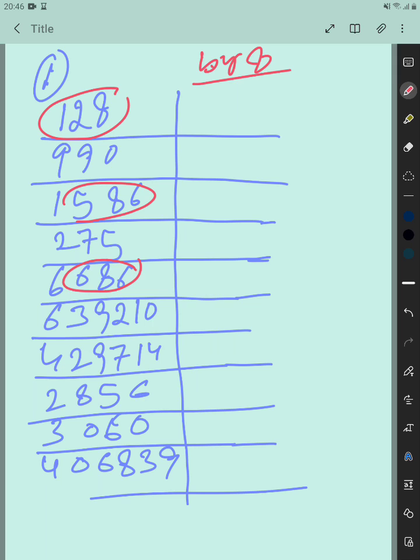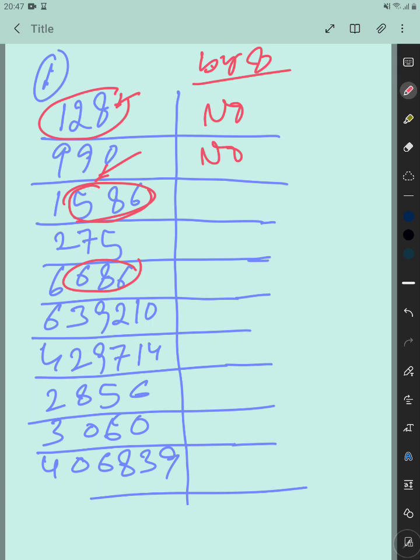Okay, so what we see is that this number is not divisible by 8, so here it will be no. Here, okay, you see, this is also not divisible by 8, so also no. Now in this number we will take only 3 digits, and we'll try to find out whether it is divisible by 8 or not. So 8 sevens are 56, and then we get 2.